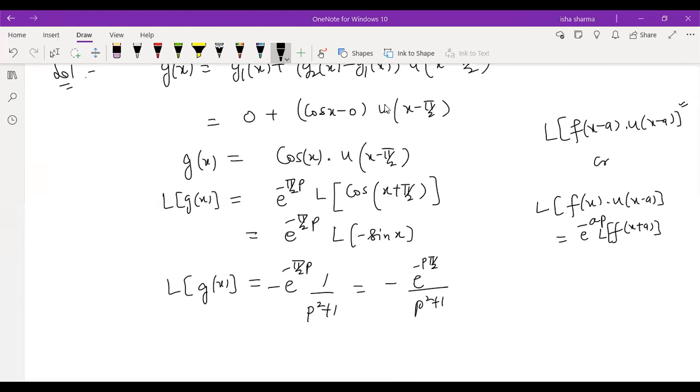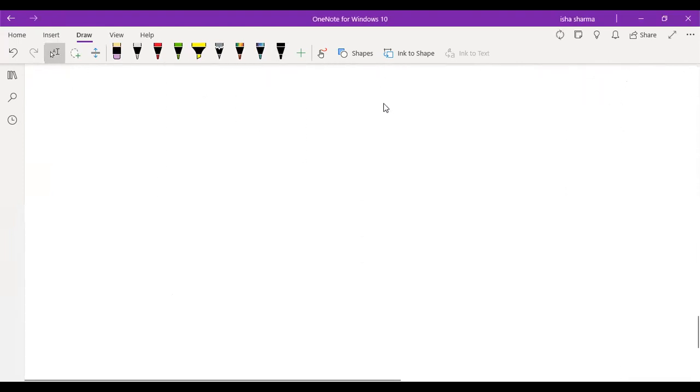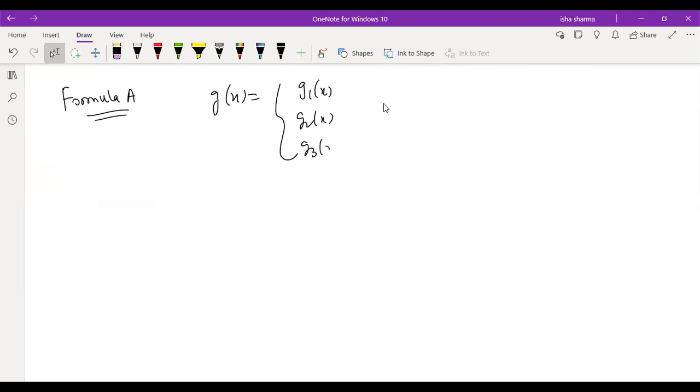Right. So let me give you further formula, say this is formula A again. In formula A, I told you we have the function defined piecewise, but suppose you have 3 pieces of your function.